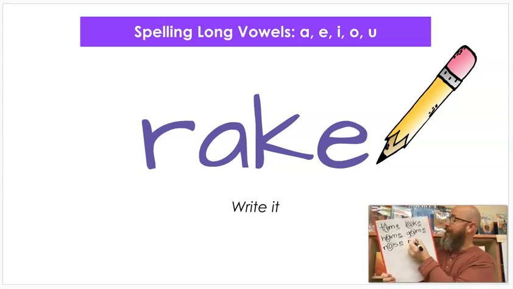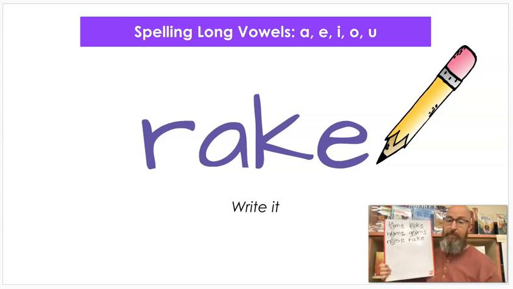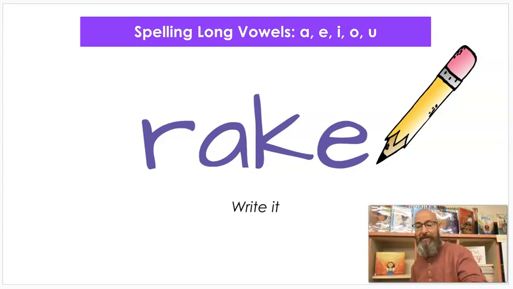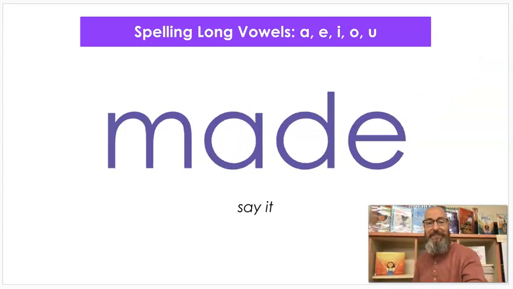R, A, K, E. What's the long vowel sound? A, that's right. Circle it. What do we underline? The bossy E, that's right. Y'all are doing great. About halfway done.